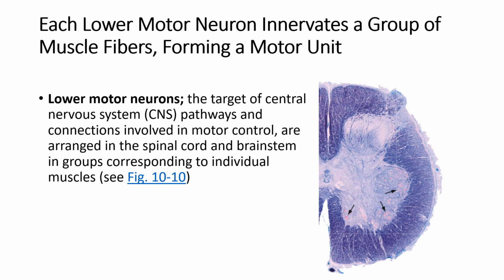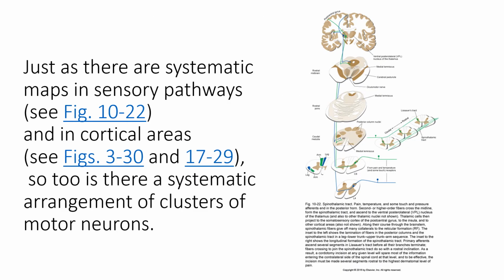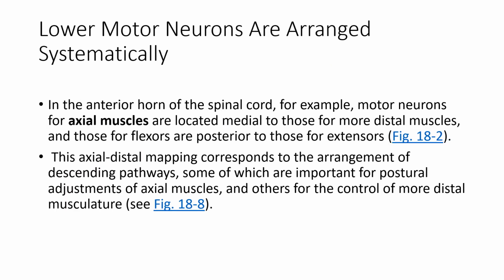Each lower motor neuron innervates a group of muscle fibers forming a motor unit. Lower motor neurons are the target of the central nervous system pathways and connections involved in motor control, and they are arranged in the spinal cord and brainstem in groups corresponding to individual muscles. Just as there are maps in sensory pathways and cortical areas, there's also a systematic arrangement of clusters of motor neurons. Lower motor neurons are arranged systematically in the anterior horn of the spinal cord.